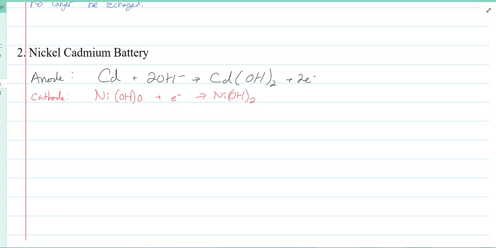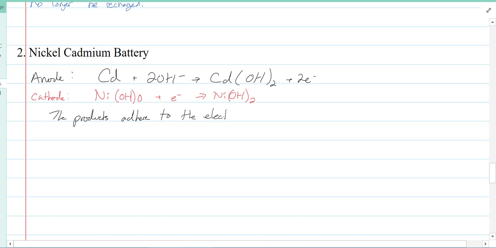The products here adhere to the electrodes. So the process can be reversed and the cell recharged.